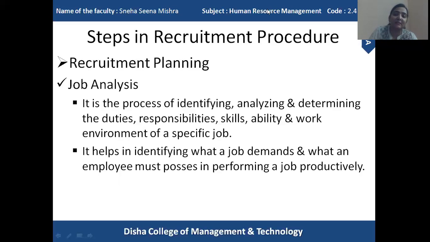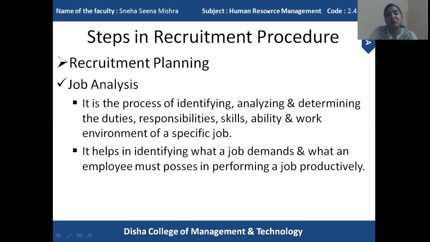These things must be analyzed in a proper manner for each and every job. What kind of skills, ability, knowledge is required in order to perform those duties and responsibilities. These things also are analyzed and determined.